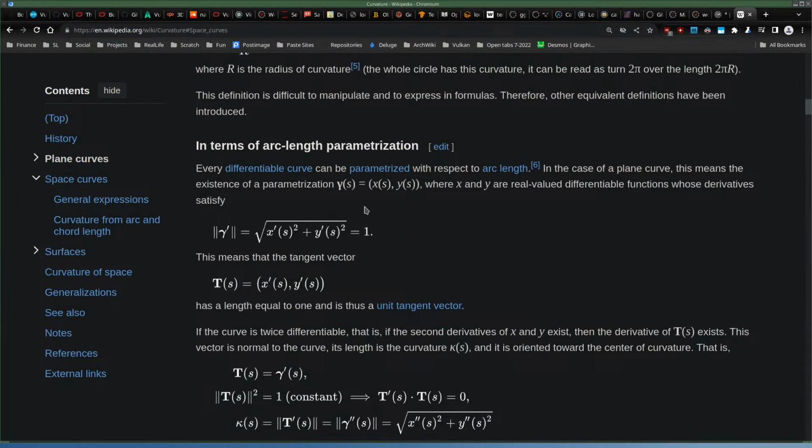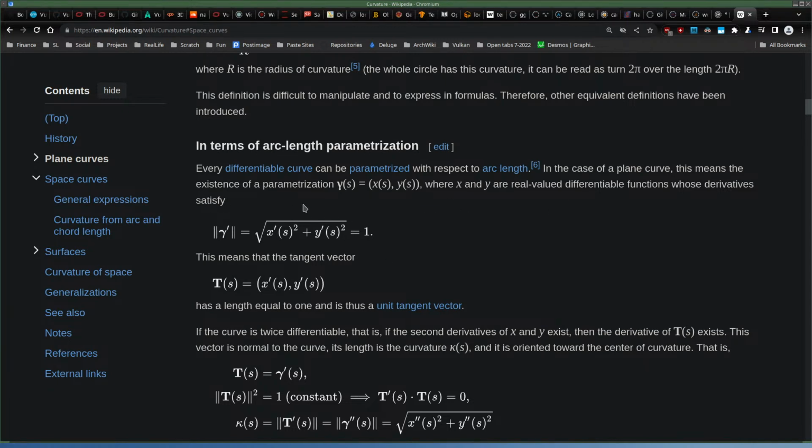Where it says, if you have a plane curve, a curve in a plane, where that has a parametrization, which we have too, except that in my case this is not true.